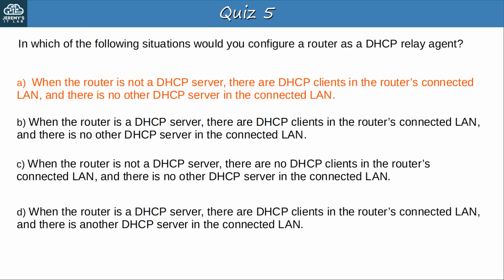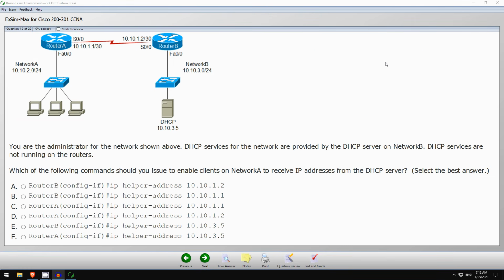Now let's take a look at a bonus question in Boson Software's ExSim for CCNA. Okay, here's today's Boson ExSim practice question. You are the administrator for the network shown above. DHCP services for the network are provided by the DHCP server on network B. DHCP services are not running on the routers.